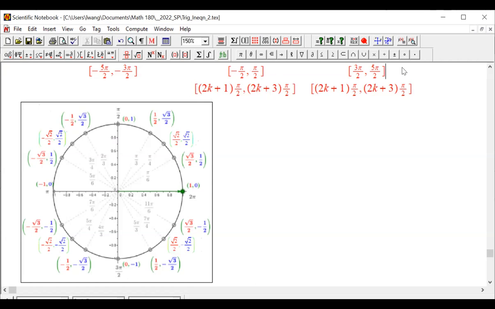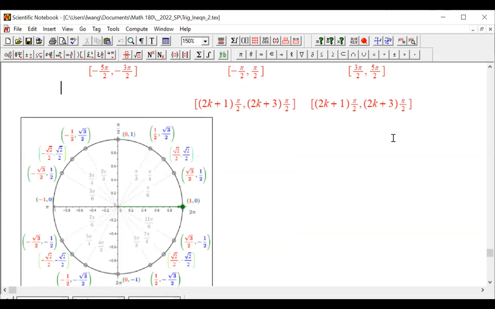Okay, so in this case, of course, we're going to use the same pattern, but we're going to choose k equals -1. 2 times -1 is -2. -2 plus 1 is -1. And this is going to be pi over 2. So it works here.